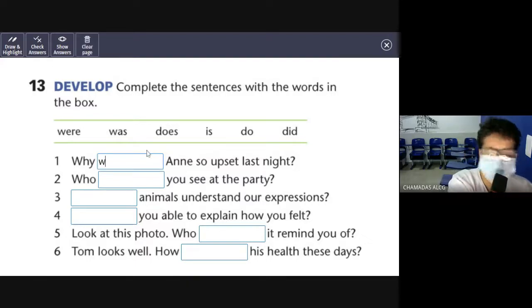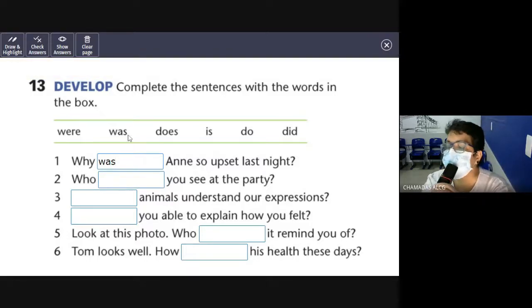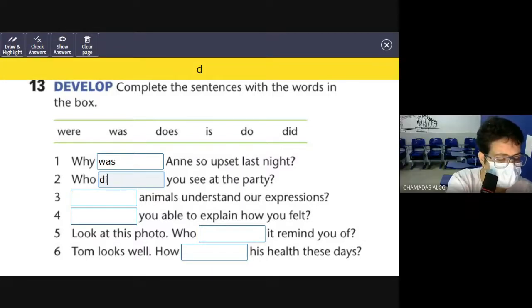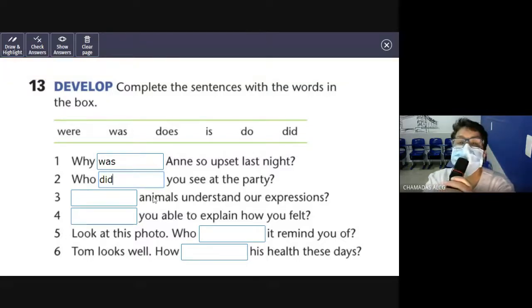Why was Anne so upset last night? Was, verb to be in the past. Now, number two, who? Do. Billy. Yeah. Okay. Who did you see at the party? Now, number three.